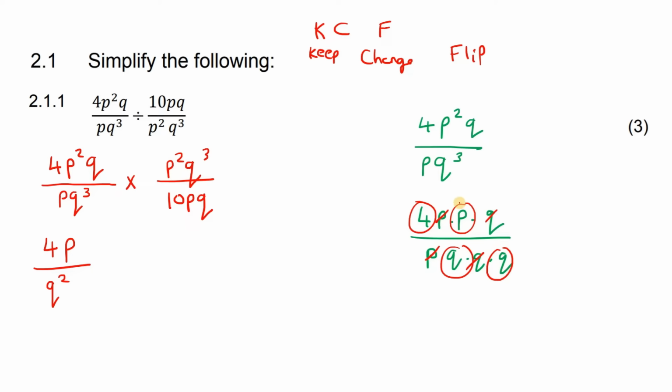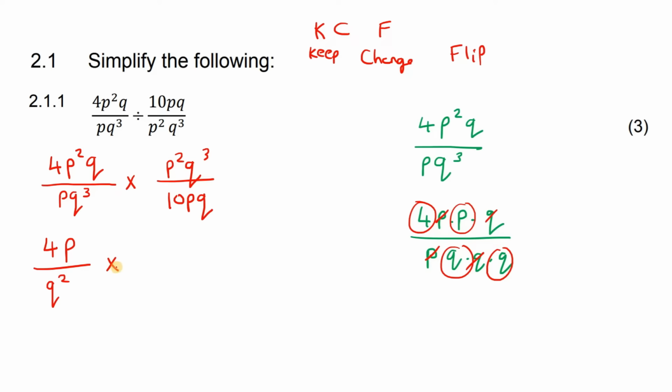Now you don't want to have to do it like this the whole time. You want to be able to look at this and say there's two P's at the top and one P at the bottom, so there will be one P left over after we've cancelled. Then with the Q's, there's 1 at the top, 3 at the bottom, so that means there would be 2 left over at the bottom, right?